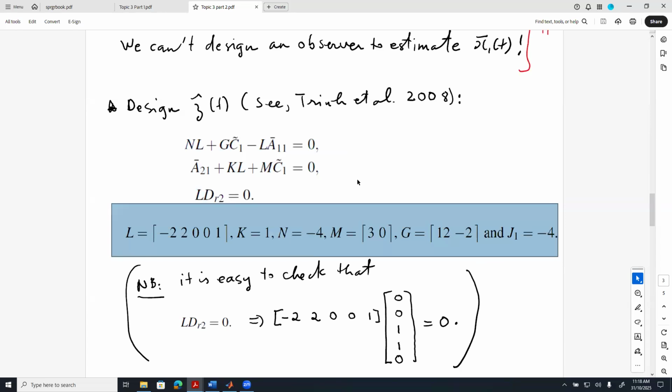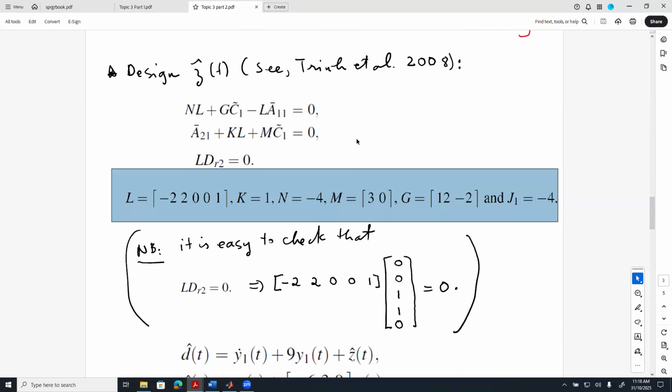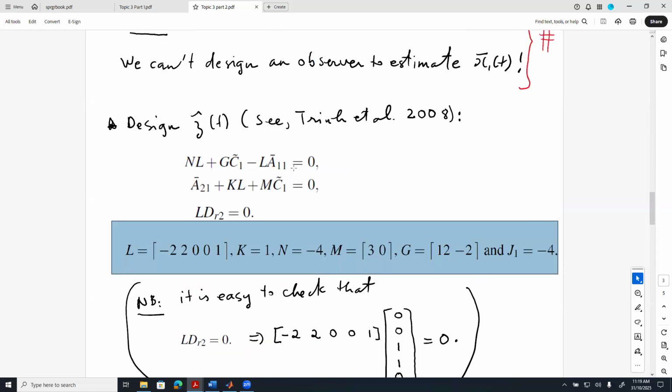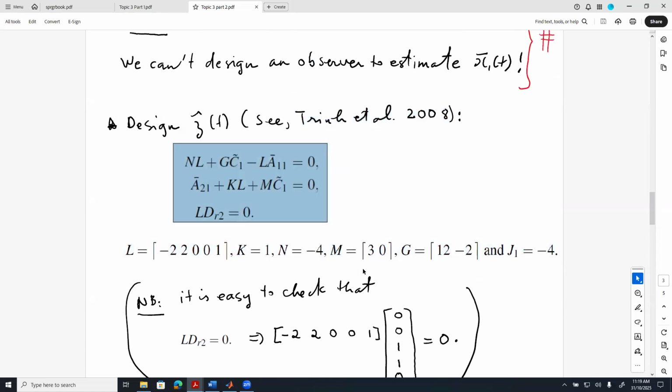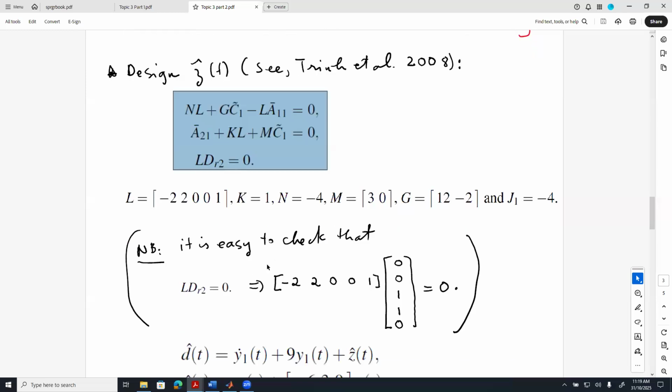We can verify that easily, and we can refer to this reference to work out a procedure for solving for these unknown matrices. Now we simply check whether the disturbance decoupled condition is satisfied.